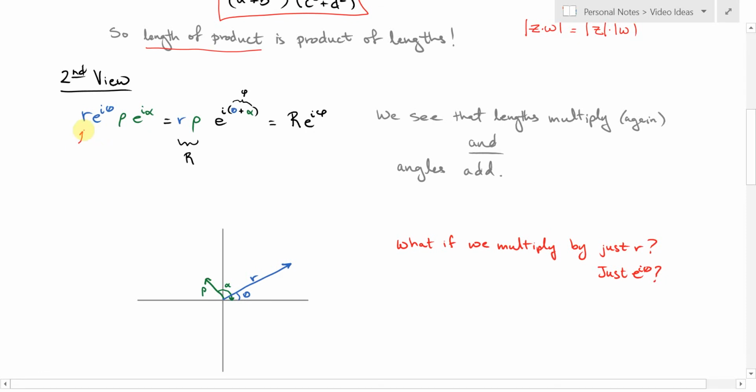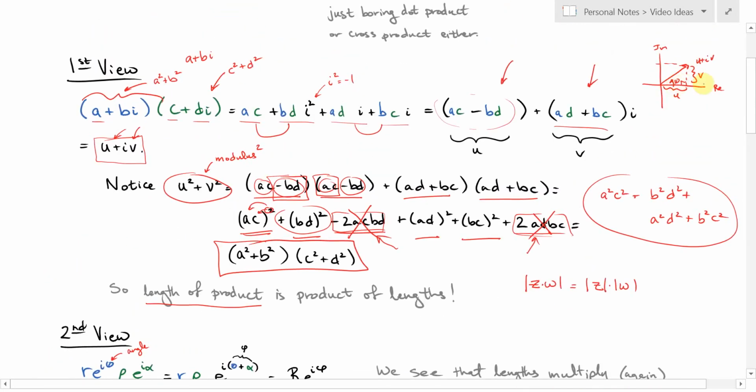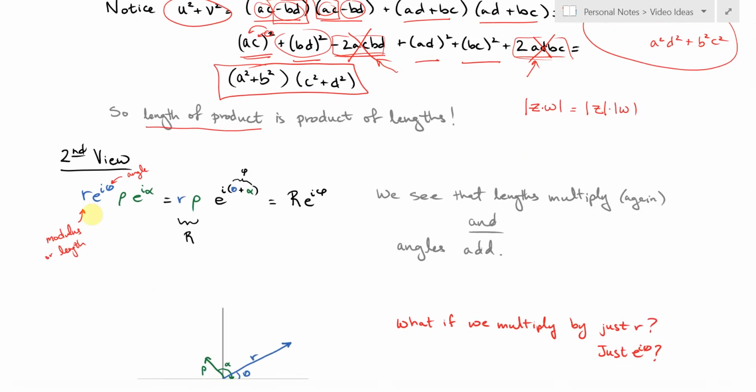You write these numbers as re to the i theta, where r is the modulus, or the length, and theta is the angle, the argument. And of course we always take the angle to be the angle from the positive real axis, or the positive x-axis. And that's the angle there.